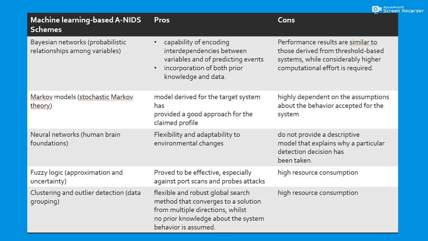This approach has been used to create user profiles, to predict the next command from a sequence of the previous commands, or to identify the intrusive behavior of the traffic pattern. However, the disadvantage of the neural network scheme is that it does not provide a descriptive model that explains why a particular detection decision has been taken.